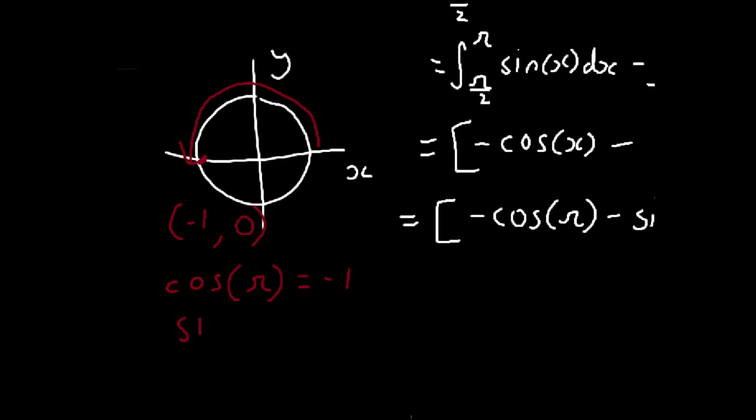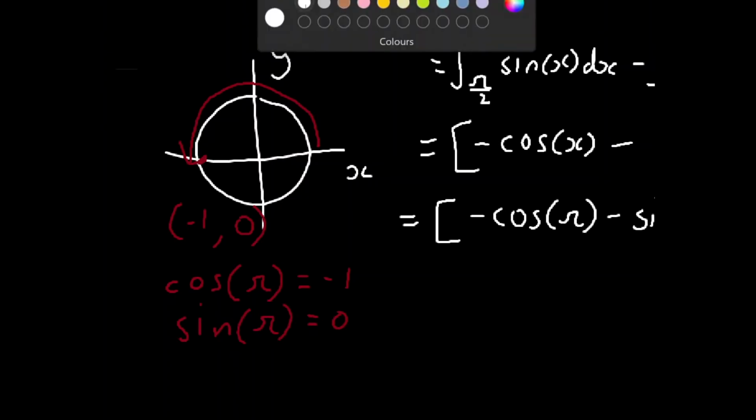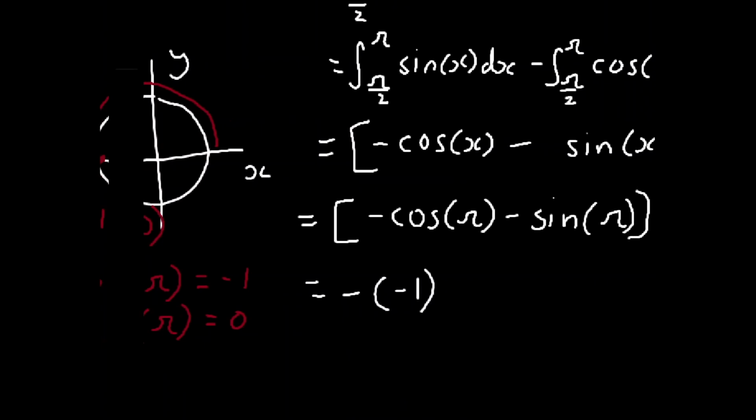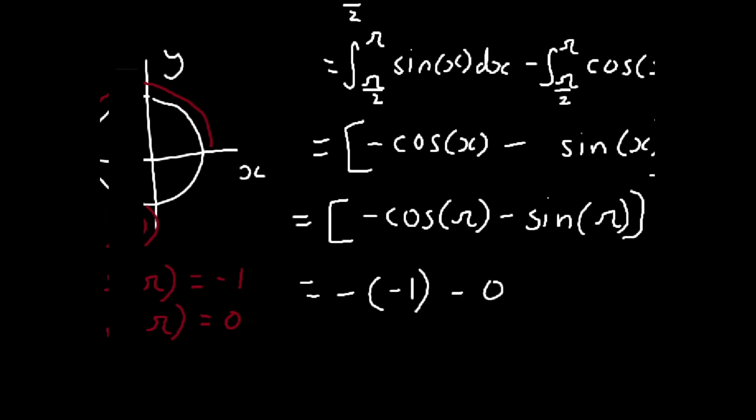And the sine value of 180 degrees, or pi, is equal to 0, as you can see, right? And so we can substitute those values in here. So let's do that now. So cos pi is equal to -1. Sine of pi is equal to 0. That makes it easier.